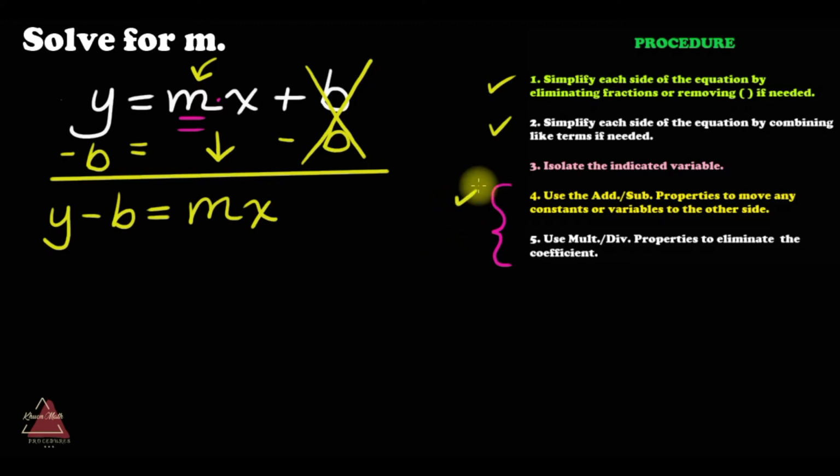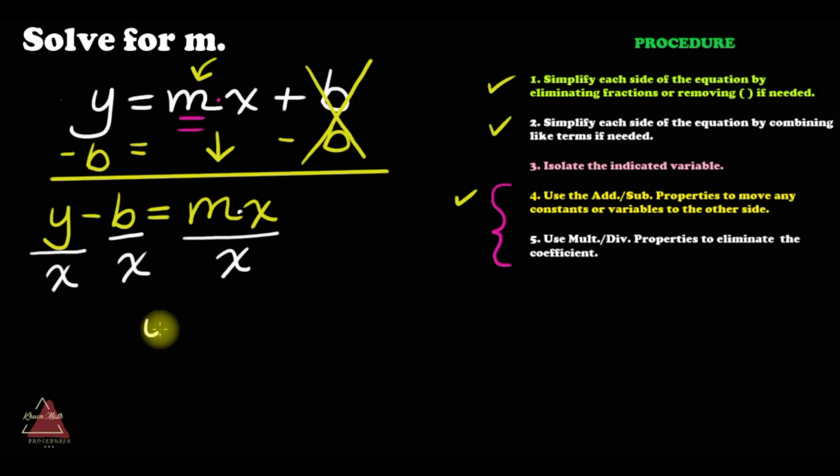Now step 5 is to use the multiplication or division property to eliminate the coefficient. So the coefficient of y is x. So the x is the coefficient. So we have multiplication. So to get rid of it, we would do the opposite, and that is to divide. So we divide this by x. We have to divide the y by x, and we have to divide the b by x.